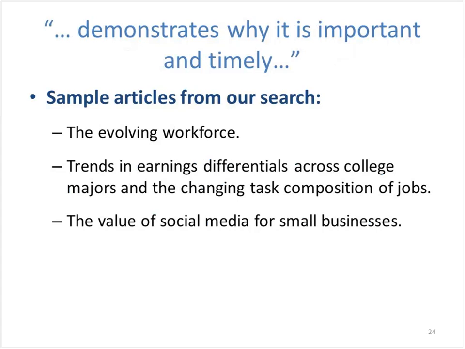Thinking about that data in the context of some other research that you've done might lead you to take a direction in your paper to argue that it would be helpful to know what type of impact on productivity social media platforms have. So often it's helpful to look at the articles that you find in your search and group them by what they're either saying or what they'll help you say in your research.